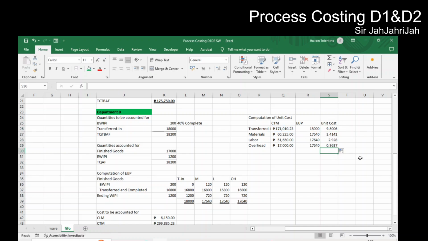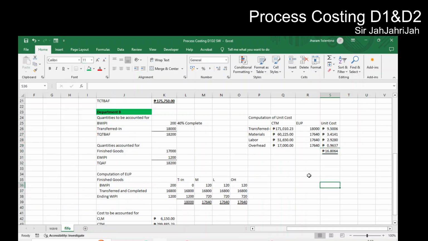And then, of course, get the total. So let's have peso sign. Told you it's rounded off to 4 decimal places. And after that is the cost accounted for.